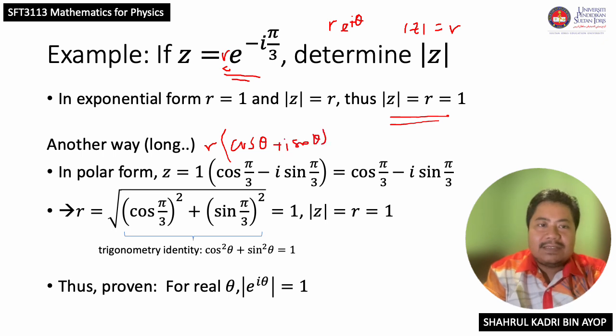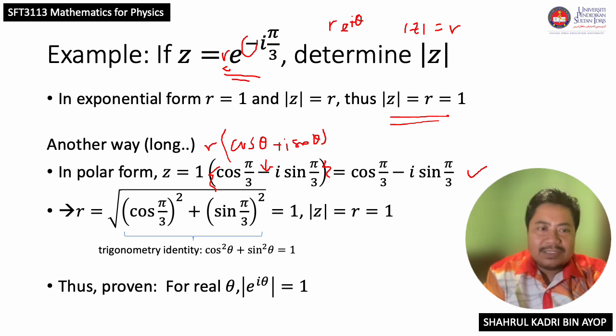Since this is negative, we have negative here. Because this is just 1, we can open the bracket, and then we get this polar form. From this polar form, we can calculate the r value, or the modulus of the complex number, using trigonometry.